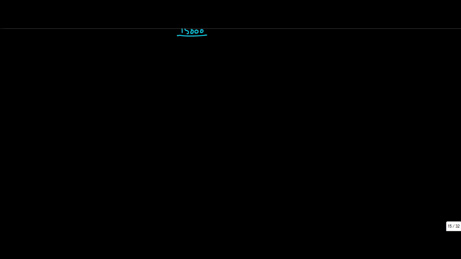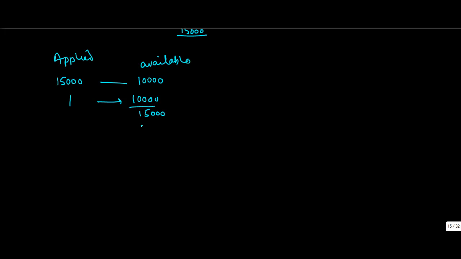Let me do these calculations a bit downwards. So 15,000 shares were applied for. So for every 15,000 shares, there were 10,000 shares available. This is applied. This is available. So if one would have applied for 1, it would have been 10,000 upon 15,000. And if you applied for 5,000, what you get is 2 upon 3 into 5,000.